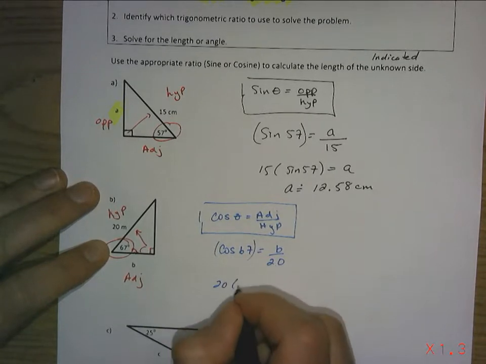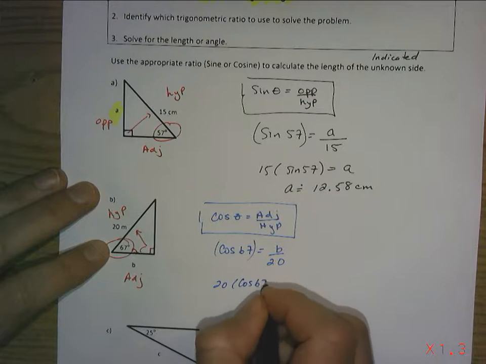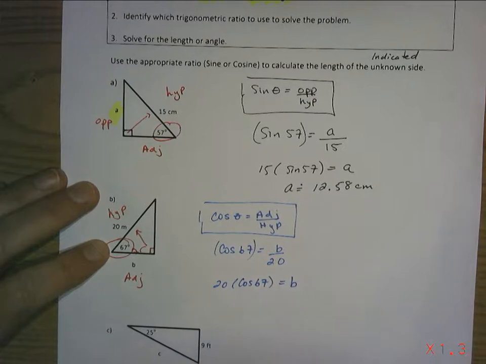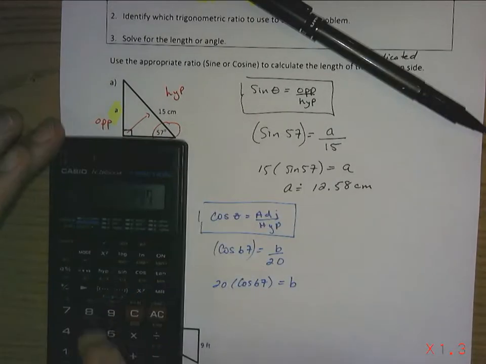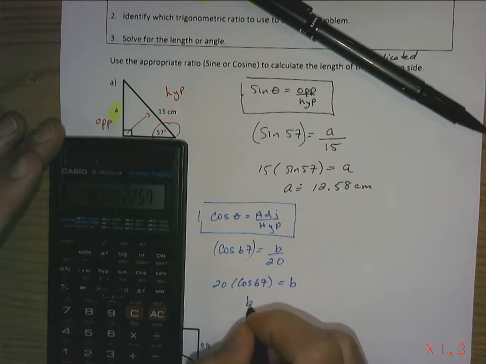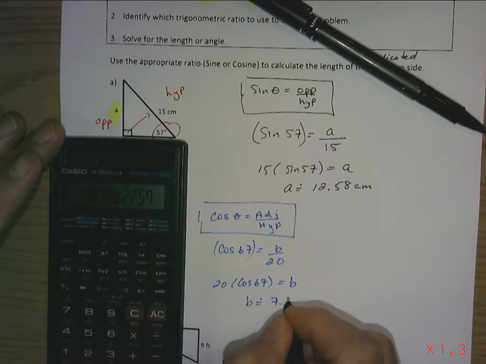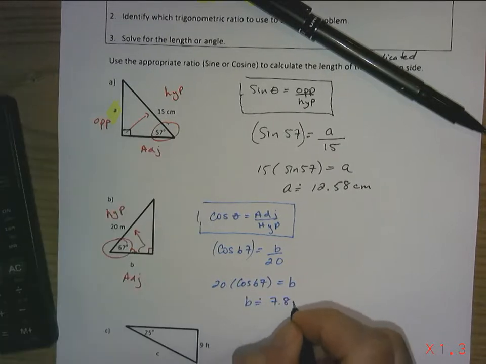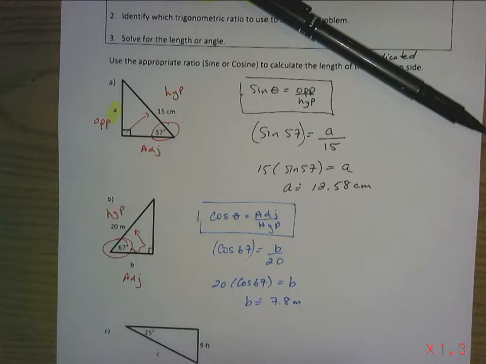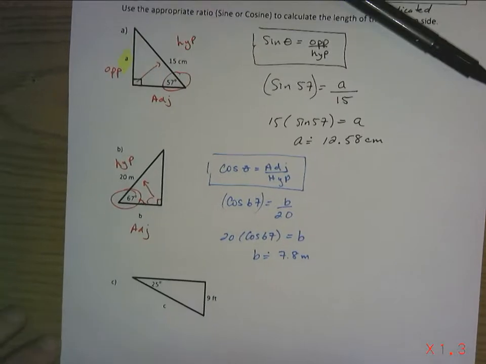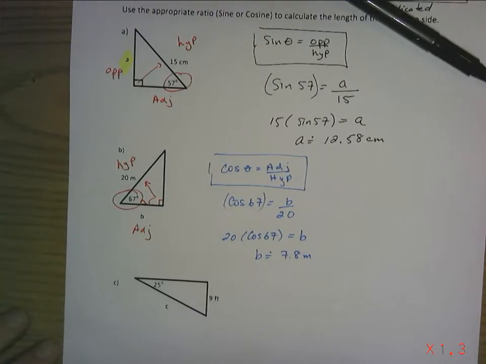So multiply both sides by 20. Using your calculator, we get B equals approximately 7.8 meters. There you go. All right, the last one.